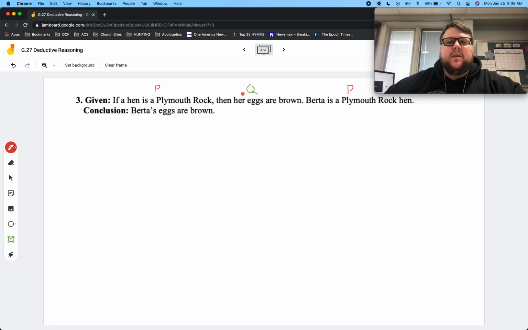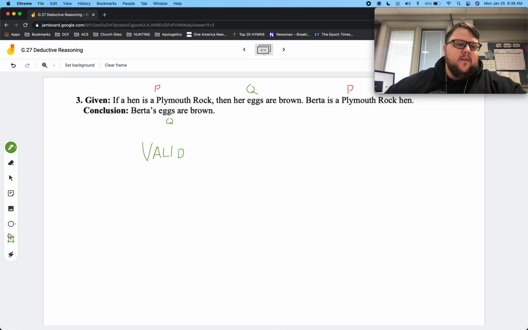So this says if P then Q, P is true, so then Q must be true. And Berta's eggs are brown. If Berta is a Plymouth Rock hen, Berta's eggs are brown. So that's true. If P then Q and P is true, Berta's eggs are brown, the conclusion is true. So this is valid.